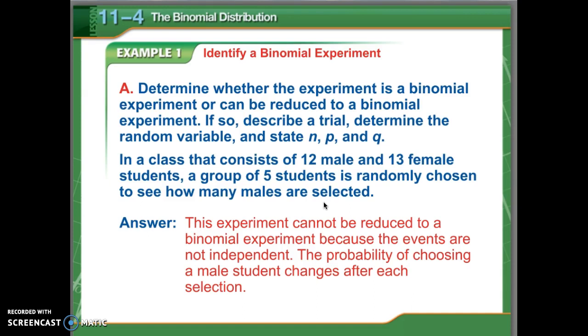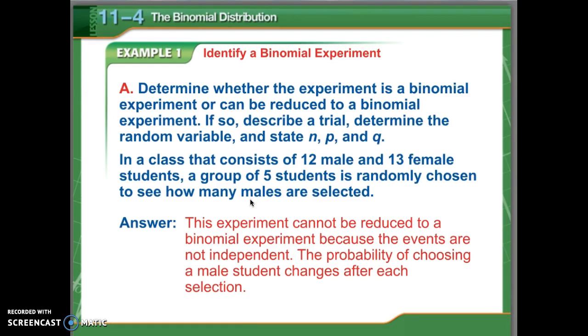So the probability of success in a binomial distribution has to be the same every time. If we start at the beginning of the scenario, there's 12 males and 13 females. So there's 25 total. So 12 out of 25 is 0.48.